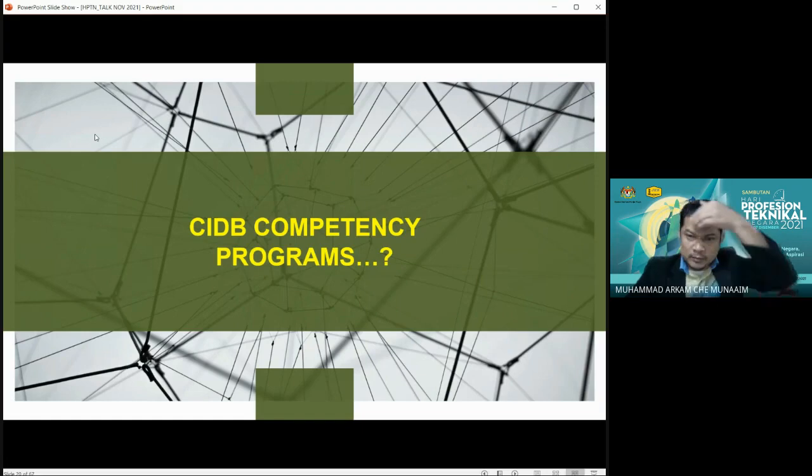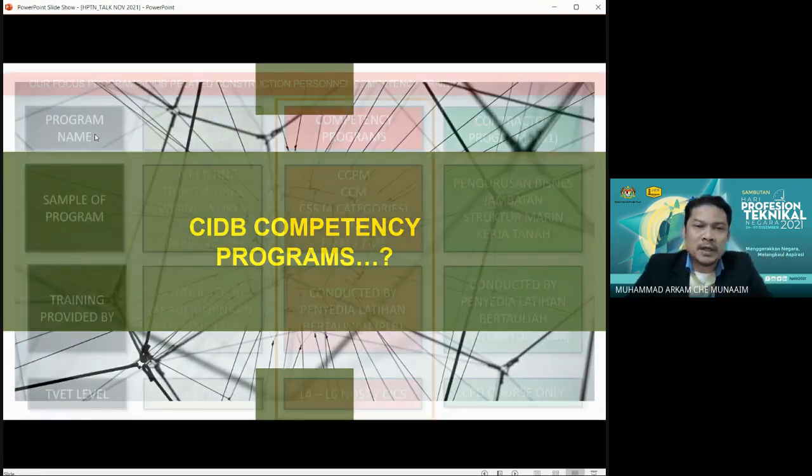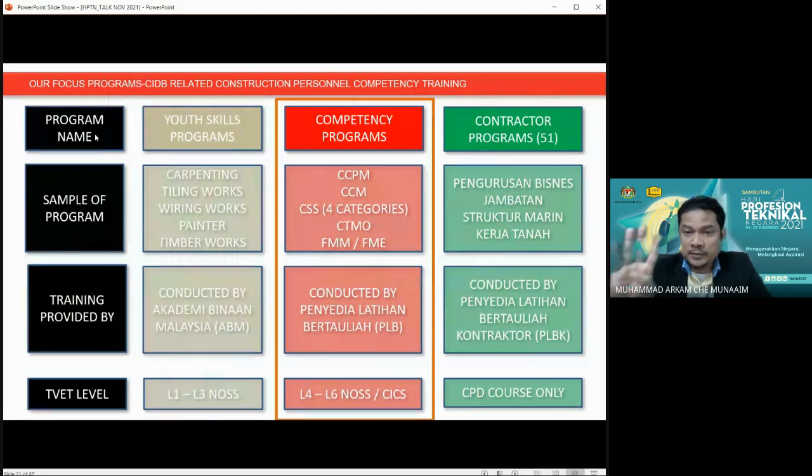Okay, now after about 40 minutes, only then do we start to talk about CIDB competency programs. In CIDB, we have about three programs related to construction personnel. The first one is the youth skill programs. These are simple programs: carpentry, tiling works, wiring, painter, and timber. The training is normally conducted by ABM.